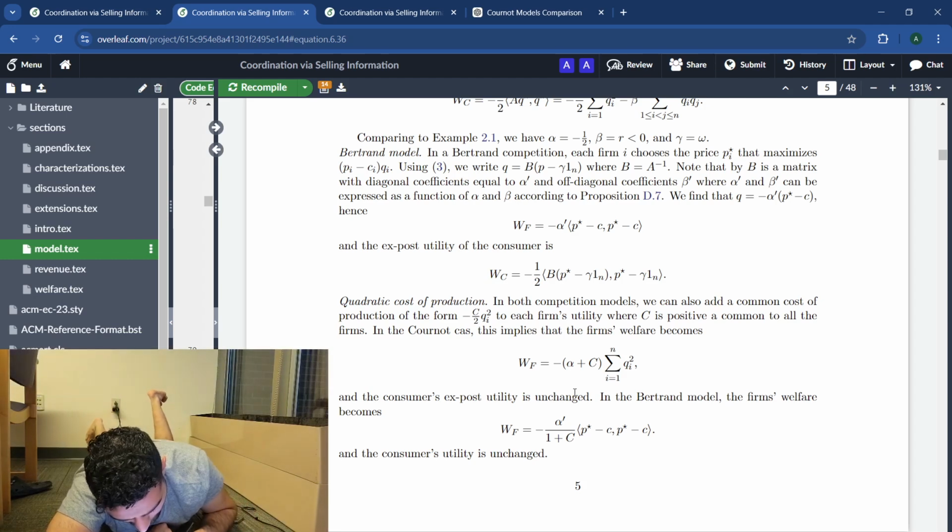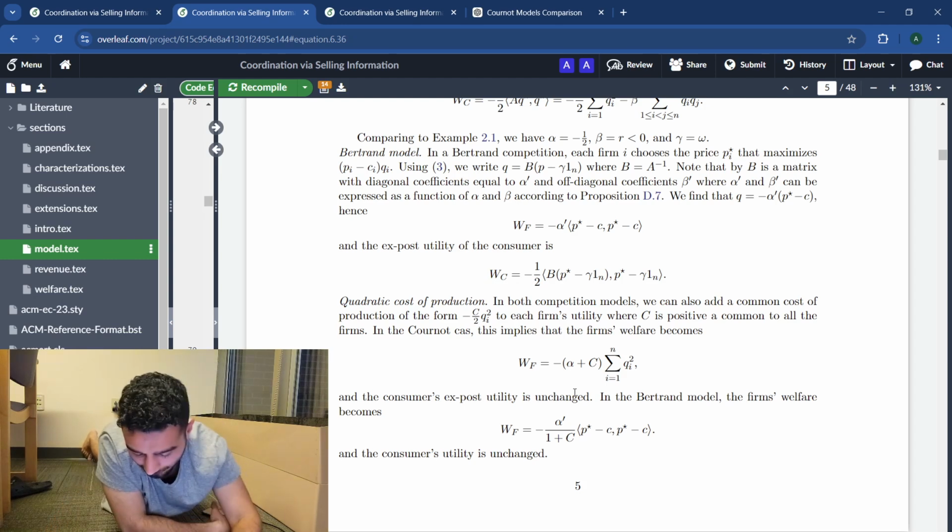We have these two formulas here. I hate this project because of so many big formulas.